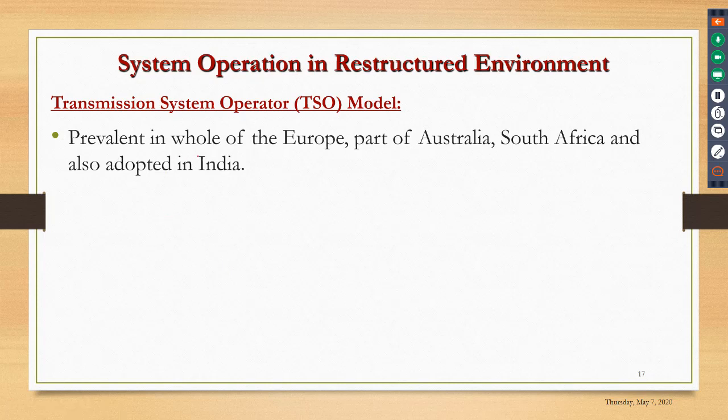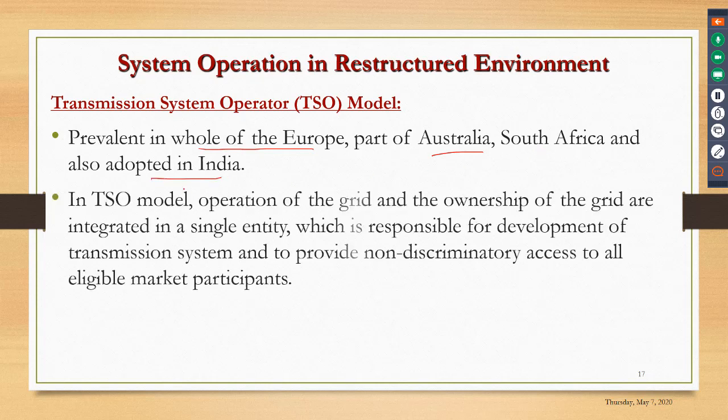Then we will see the transmission system operator model. It is prevalent in the whole of Europe, parts of Australia, South Africa, and it is also adopted in India. In the TSO model, the operation of the grid and the ownership of the grid are integrated in a single entity, which is responsible for the development of the transmission system to provide non-discriminatory access to all eligible market participants.